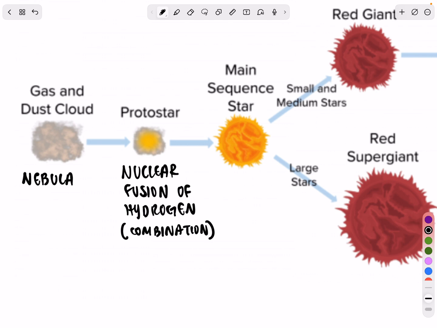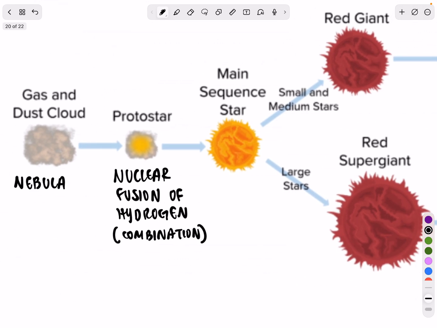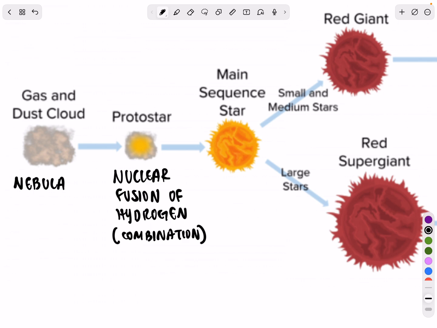And then this nuclear fusion of hydrogen continues for billions and billions of years, which is the next phase of a star, which is the main sequence star. And most stars are currently in their main sequence phase. This main sequence phase lasts for billions of years.